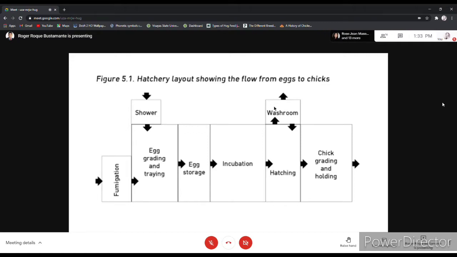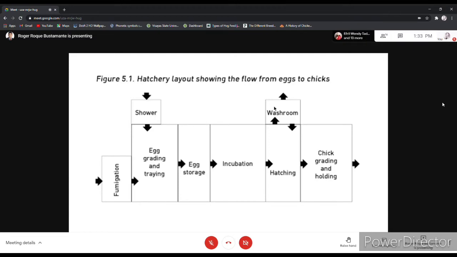In large hatcheries, fumigation is a way of disinfecting the eggs prior to setting them in the incubator, because it is important to disinfect the eggs, especially if they come from different places. They might carry pathogens that can contaminate the incubator, the whole hatchery, or the whole farm.